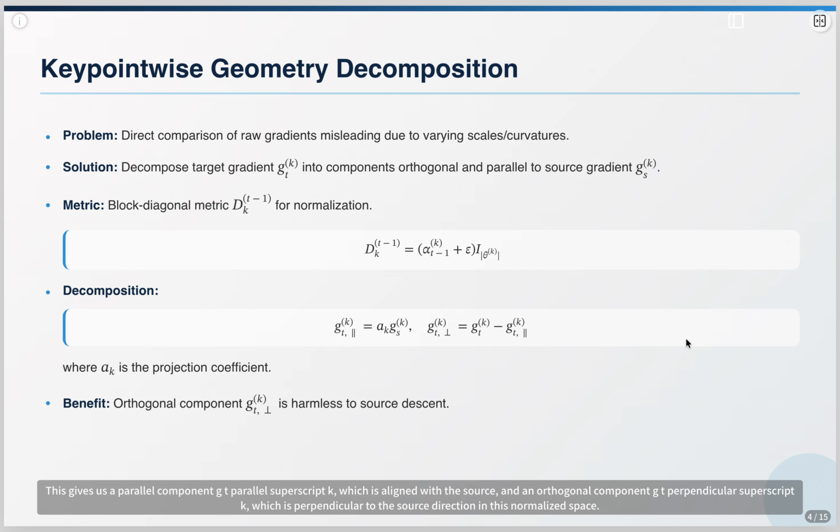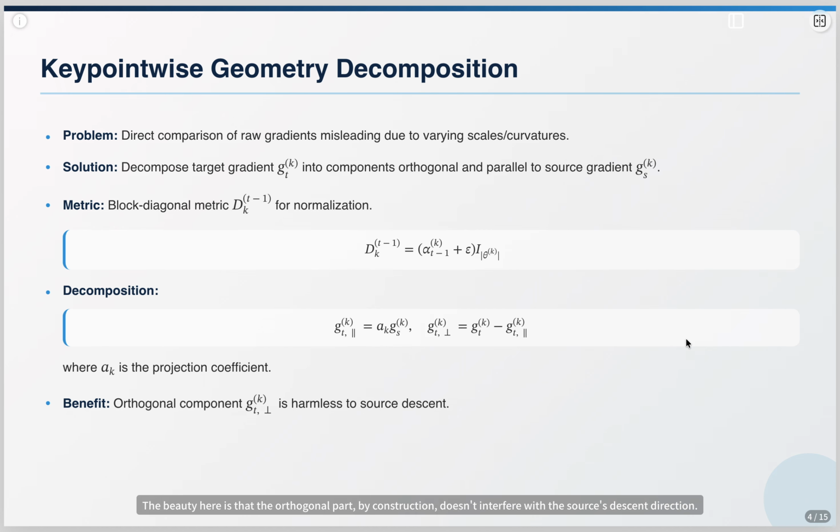This gives us a parallel component g_t∥^k, which is aligned with the source, and an orthogonal component g_t⊥^k, which is perpendicular to the source direction in this normalized space. The beauty here is that the orthogonal part, by construction, doesn't interfere with the source's descent direction. It's essentially non-conflicting information we can safely pass through.